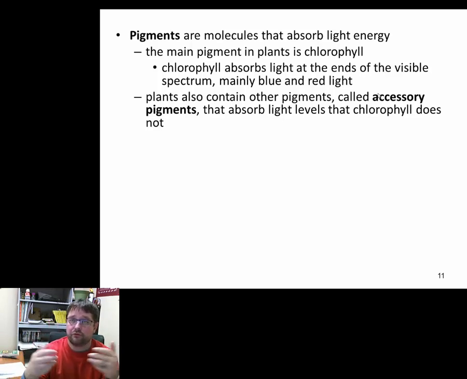So things like carotenoids, which are going to be red, they absorb everything except for the red part of the spectrum. So 650 to 750, somewhere in there. And then xanthophylls are typically yellow or orange, so they're going to absorb the high ends of the spectrum and the lower ends of the spectrum, but in the yellow ends of the visible light spectrum, they're not going to absorb. They're going to reflect.